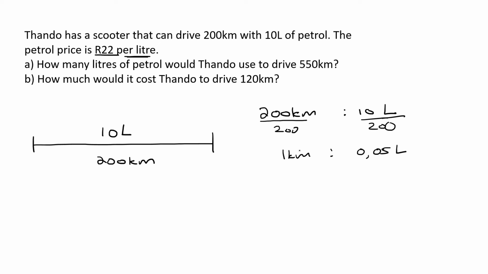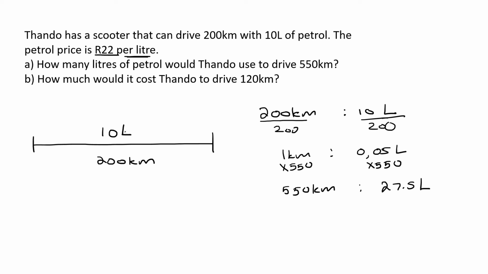So what that means is that if he drives 1 kilometer, he will use 0.05 liters. It's like 50 milliliters of petrol. So then, if you want to make that a 550 kilometer, then you can multiply by 550 here, and you can multiply by 550 on the other side, because what you do to the one side, you do to the other side. So that means that if he drives 550 kilometers, then he will use 27.5 liters. Okay, now that makes sense.